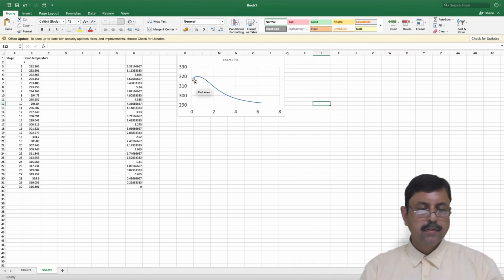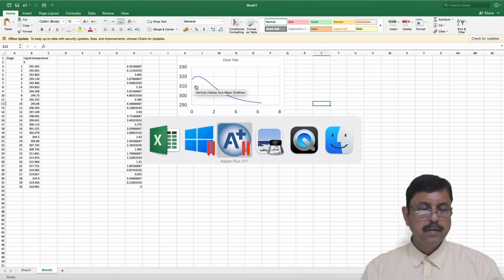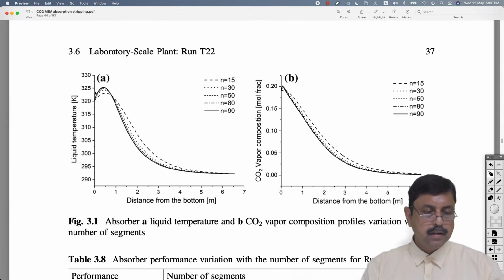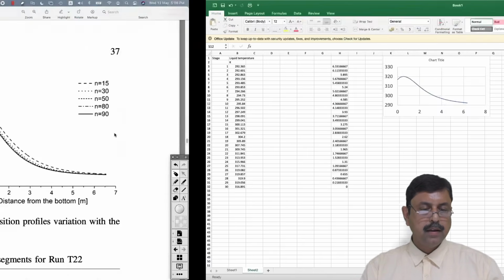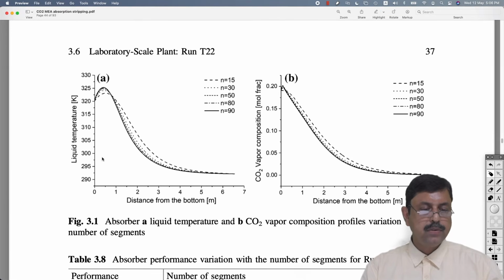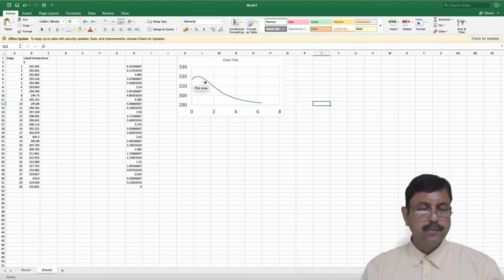So the trend is the same. Okay, it begins somewhere near 320, ends somewhere near 290. So it is the same trend.